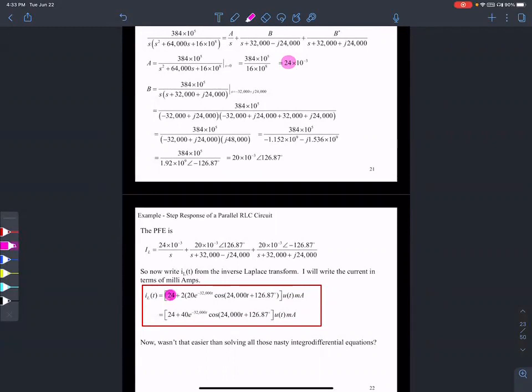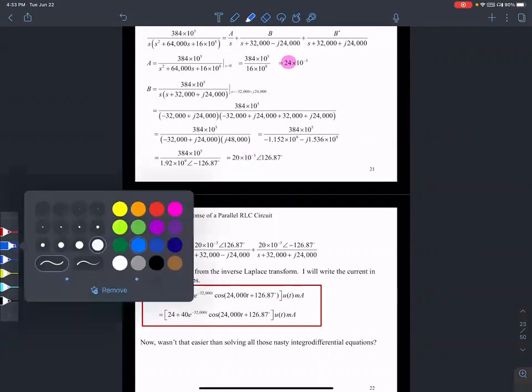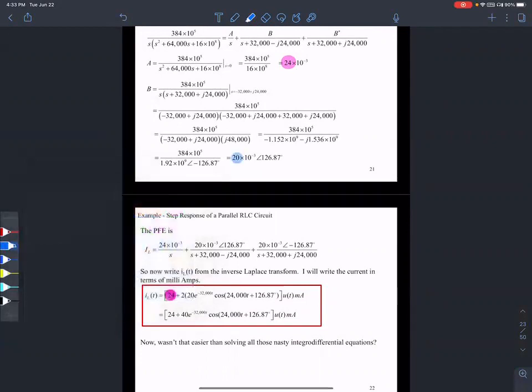And the B value is 20 milli angle 126. So pay attention to the fact that there is a 20 angle 126 in your final answer. The 10 to the power minus 3 is taken care of by the milli over here.